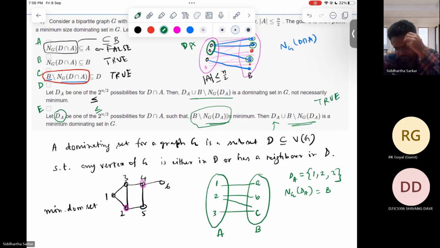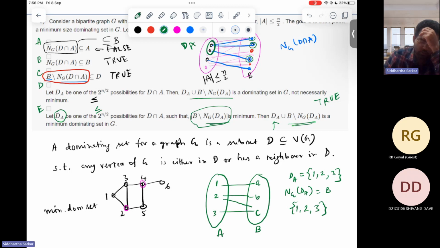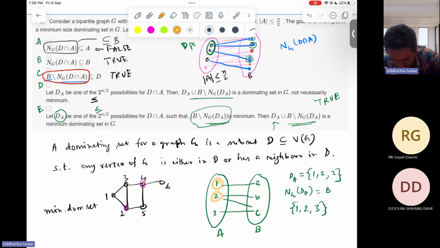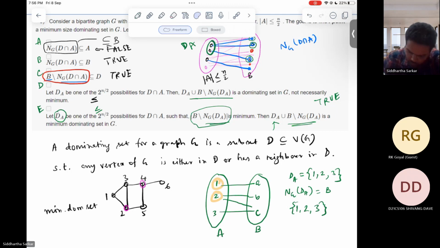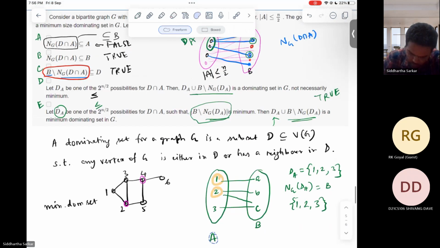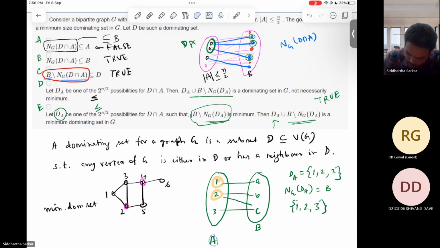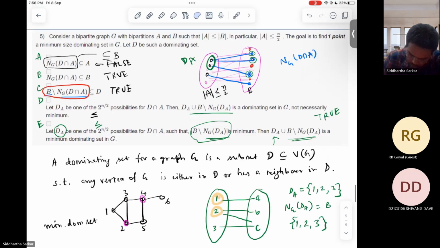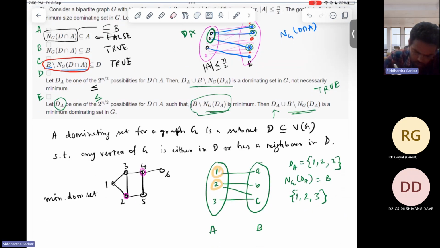This looks good. Wait. So the entire dominating set is 1, 2, 3, right? I wanted to get 1 and 2 as the dominating set, but that is not possible. So we'll add one more element.